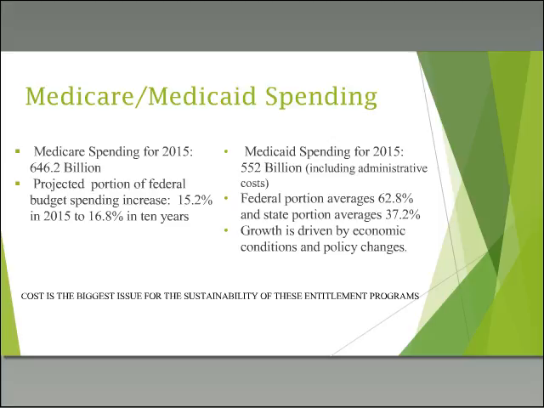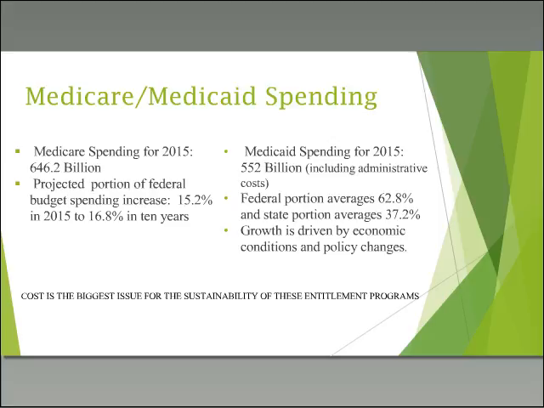On the same vein, Medicaid spending for 2015 was in excess of $552 billion, and unlike the Medicare figures, this does include administrative costs. So I can only begin to imagine what the Medicare spending was for 2015 when you add in all the administrative fees.